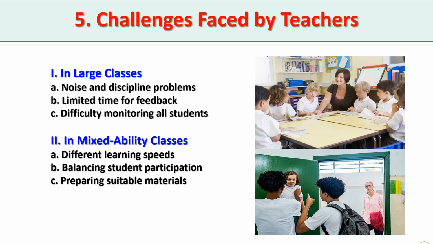The second one is limited time for feedback. In a class we may have 30, 40 to 50 students, in public school. So when the teacher gives feedback when a student does something wrong, maybe the teacher spends more time talking. If students make a mistake, how many times should the teacher give feedback, to the whole class or just to one person?